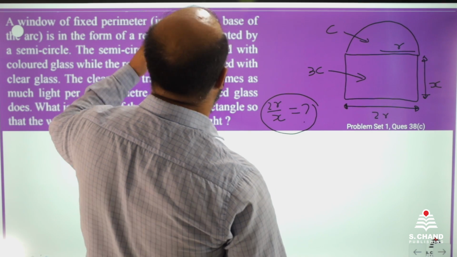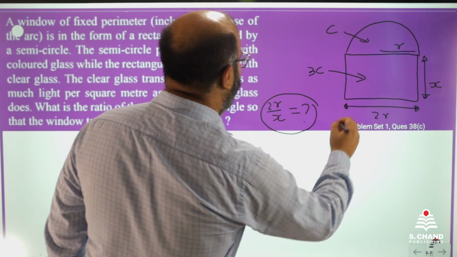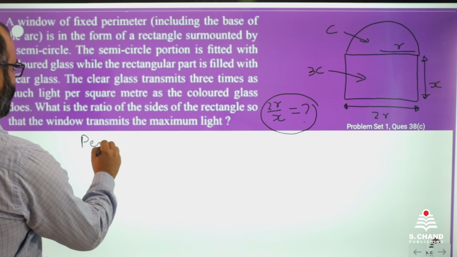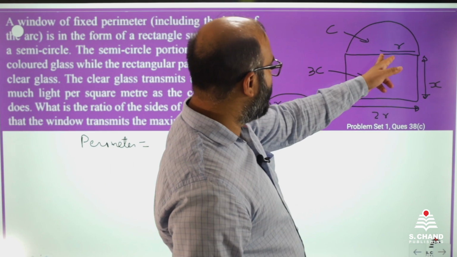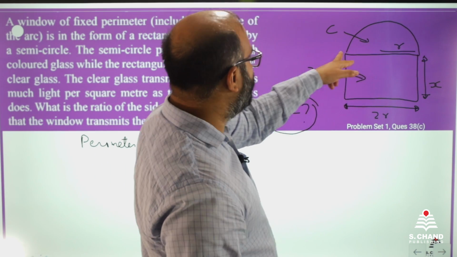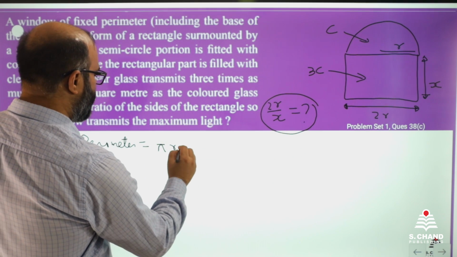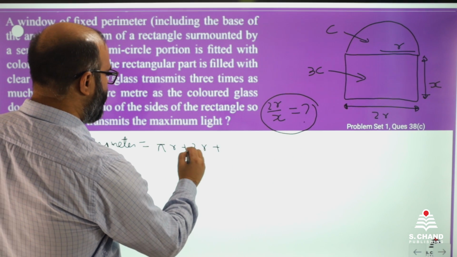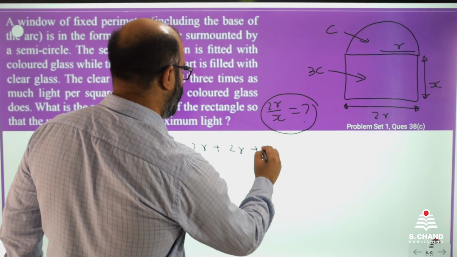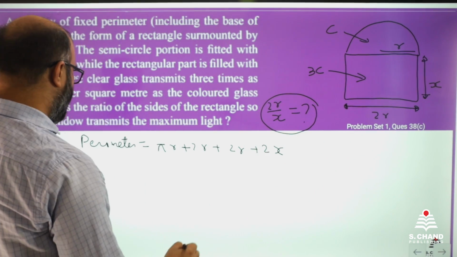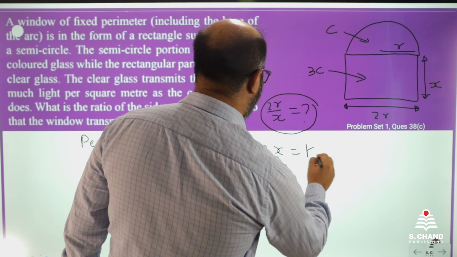A window of fixed perimeter is there. So the perimeter, if you see here, is equal to pi r plus 2r like this, and then we have 2r here also, and then x plus x, 2x. So this is the perimeter, which is a constant value k.